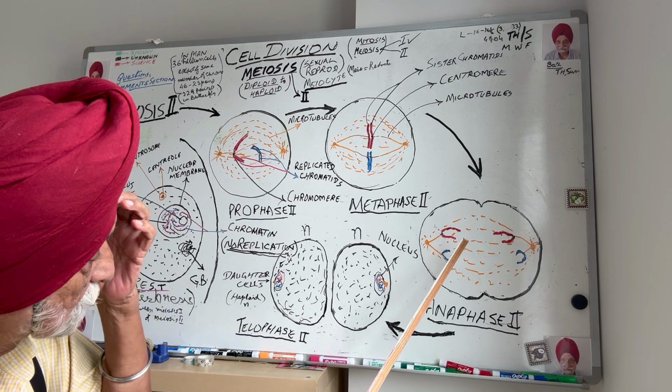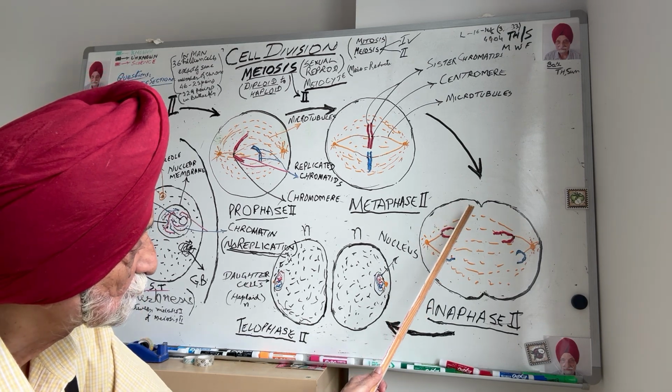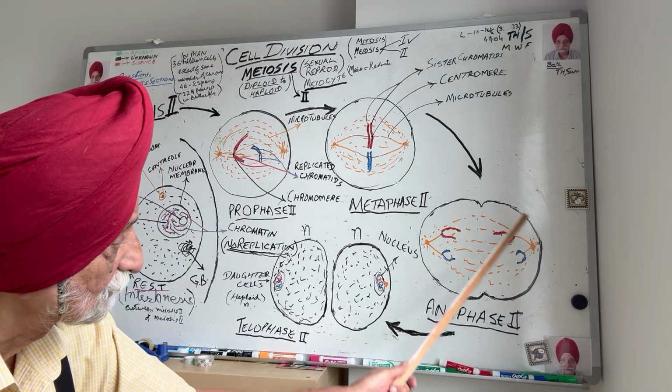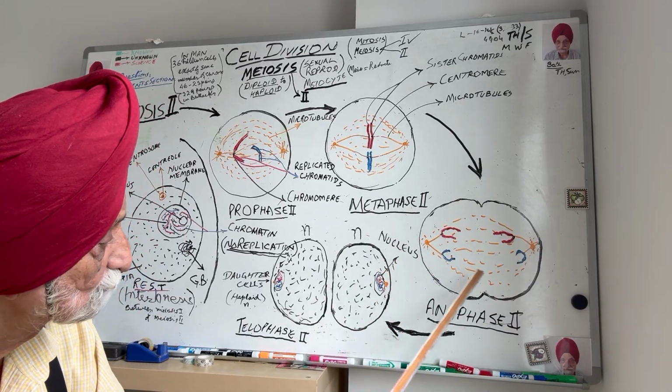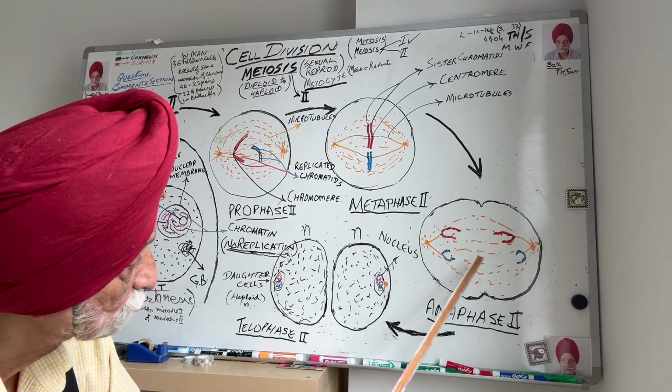By the way, at this stage, a constriction might start appearing in the cell. This is anaphase. The chromosomes have now separated.